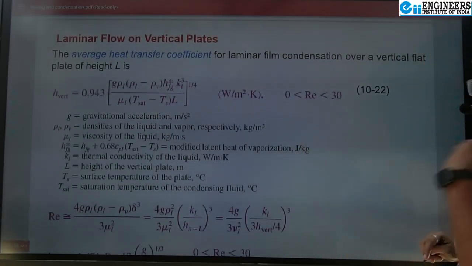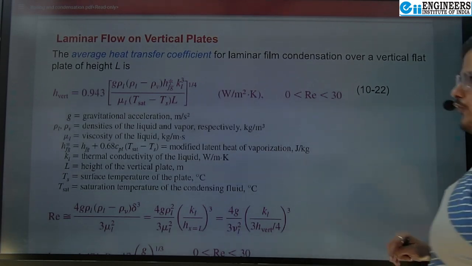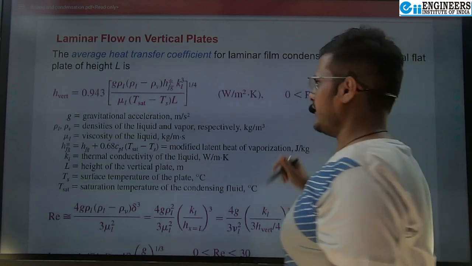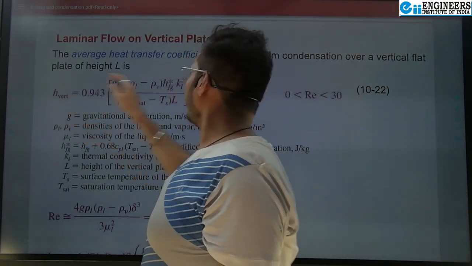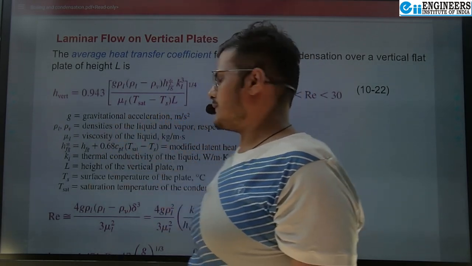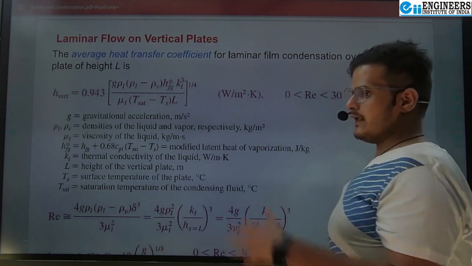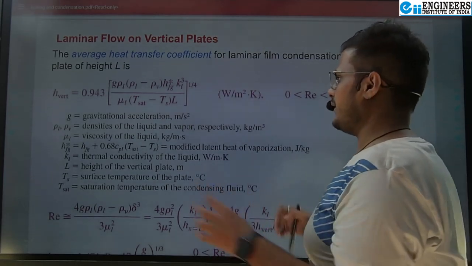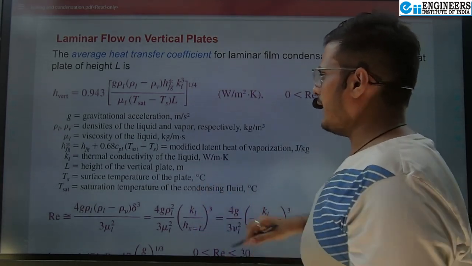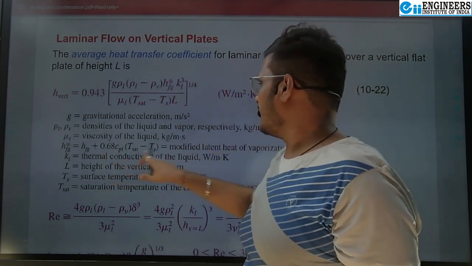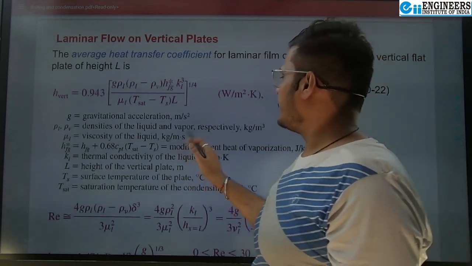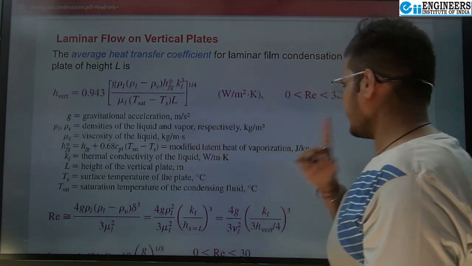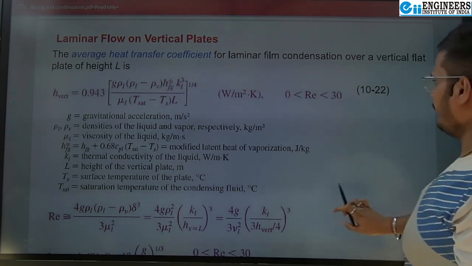how the forces are acting in the condensation process, and the average heat transfer coefficient for laminar film condensation is given by h vertical through this correlation. This is an empirical correlation estimated from experimental observations, and the value of hfg star is this, that is the modified one. If it is superheated, then the term plus Cpv into Tv minus Tsat will get added here.